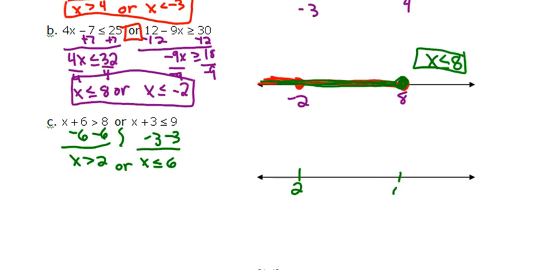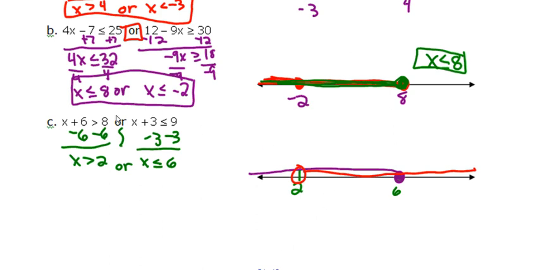The larger number is 6. I have a closed circle at 6, and it's less than or equal to. I have an open circle at 2, and it's greater than. Well, now this looks different than A and B.